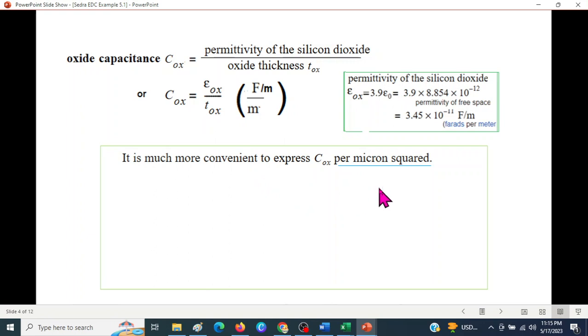Now there is an important point, that generally the capacitance is represented per micron squared. So what do we do? Let's see. From here we got the unit F over M square, but we have to convert this into per micron squared.